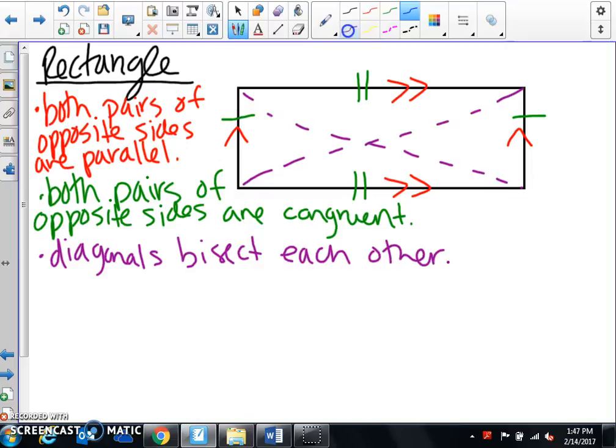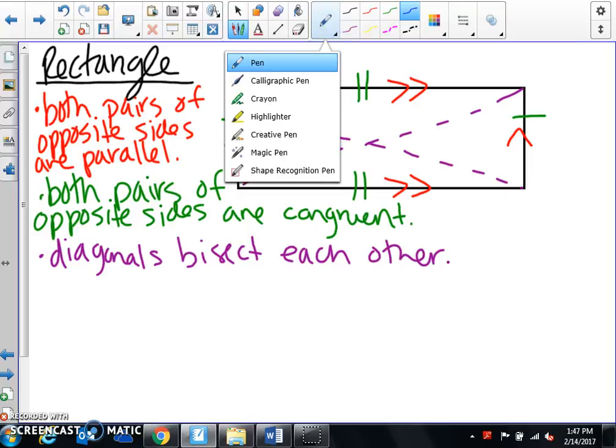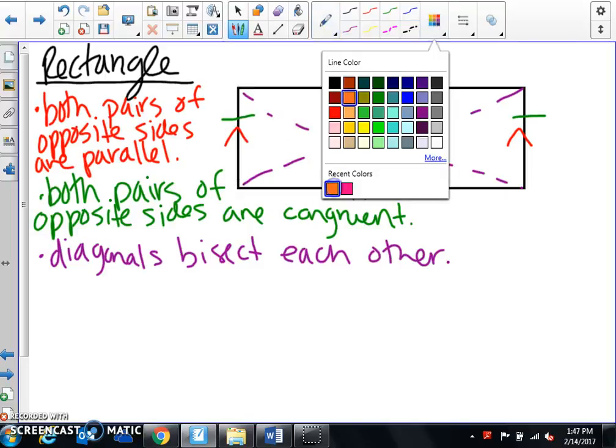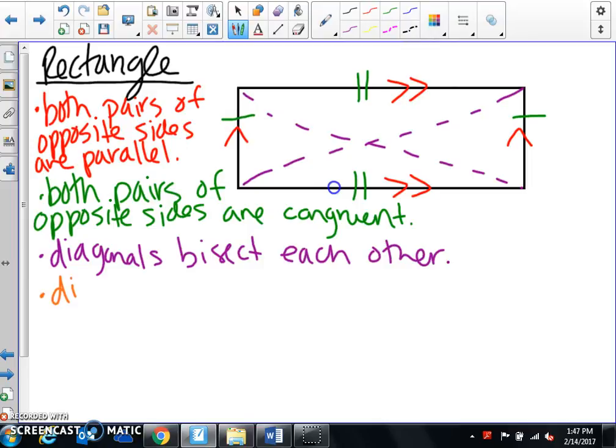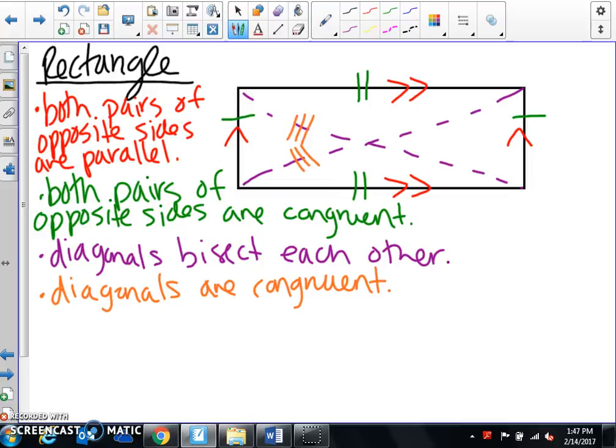They are also congruent. So the crisscrosses in the middle are congruent. So we're going to put 3 dashes on them because I've already used 1 and 2 dashes on the outside. Let's go to pink.